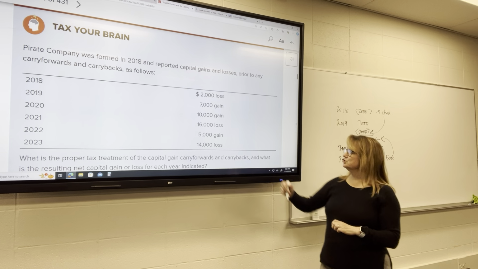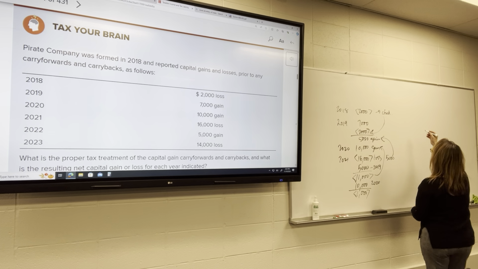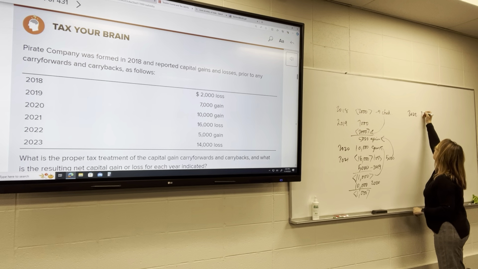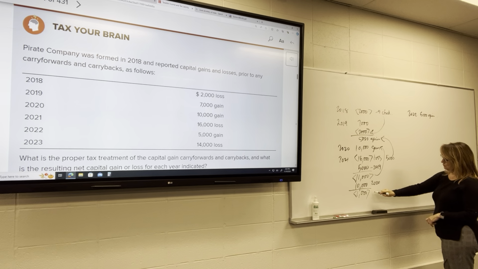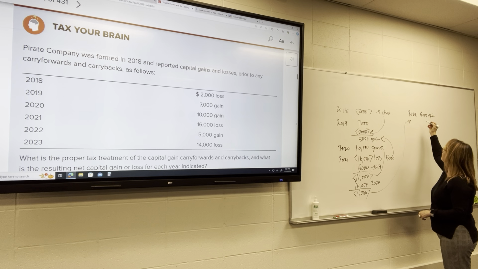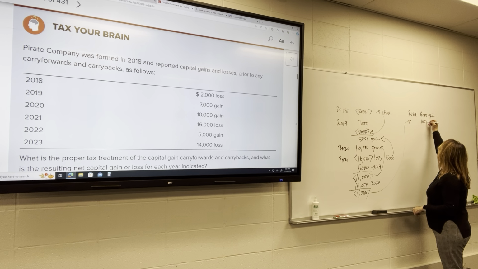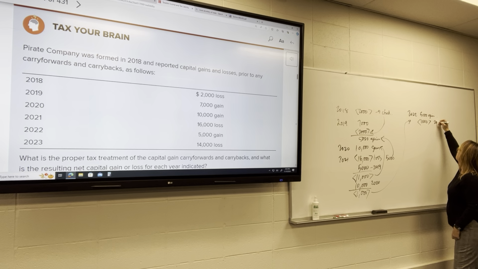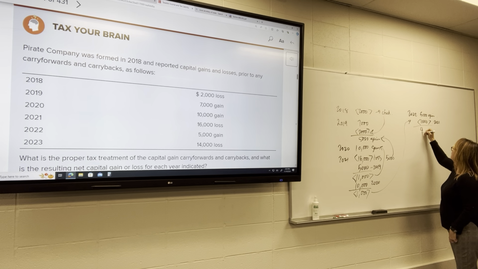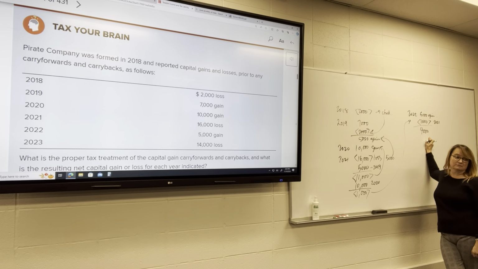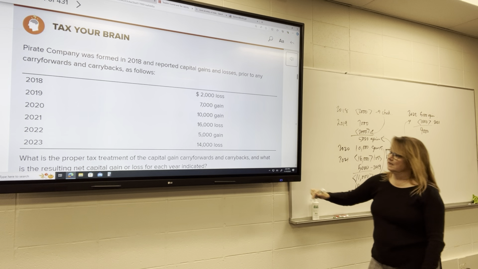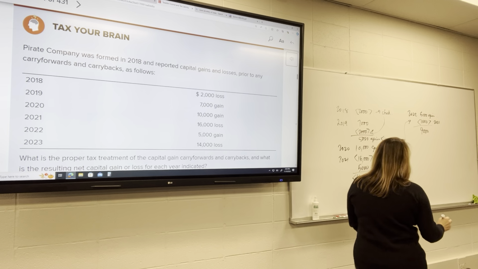In 2022, we had a $5,000 gain. So we're going to use that $1,000 from 2021. Now we only have to pay tax on a $4,000 gain in 2022, because we absorbed what was remaining of this carry forward. In 2023, we had a $14,000 loss.